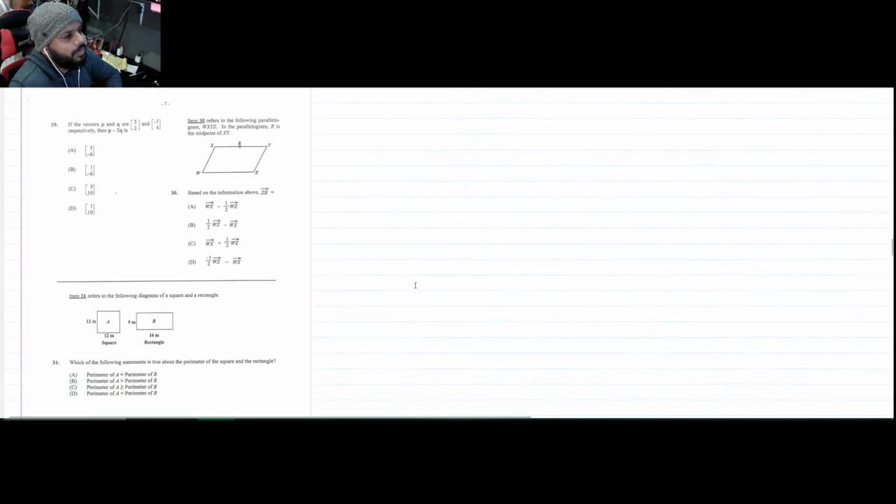If the vectors p and q are given, p minus 2q is, so p is 3 2 take away 2q, which is minus 1 4, and distribute the 2 inside. I will get 3 2 take away, it will be plus now, right?